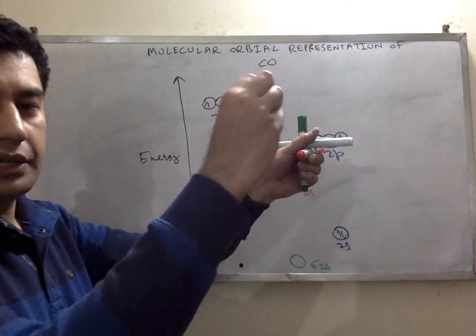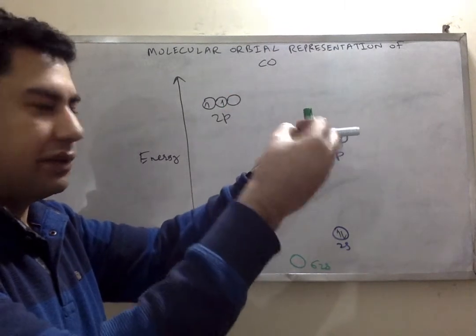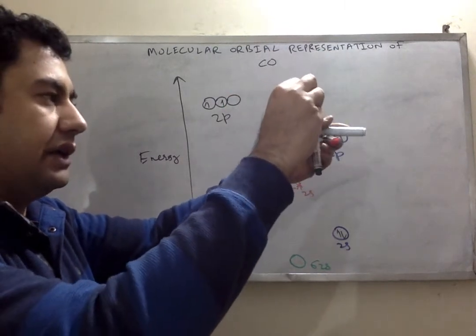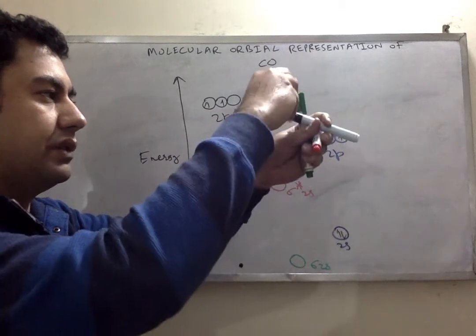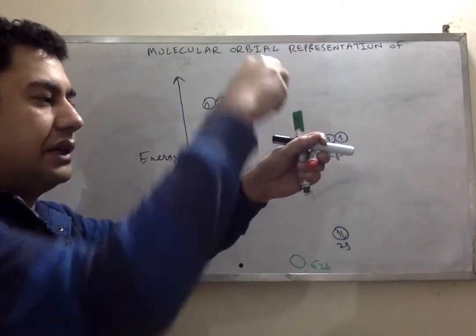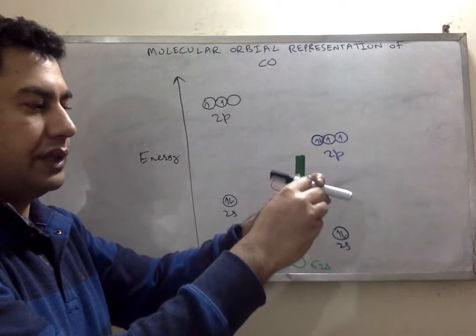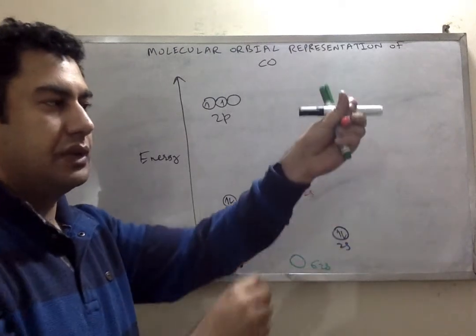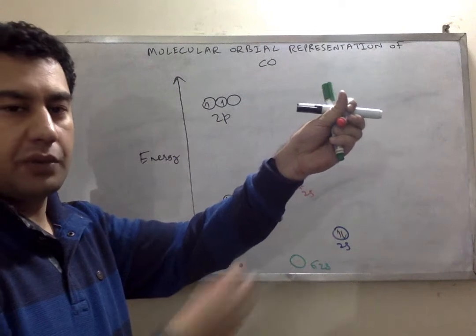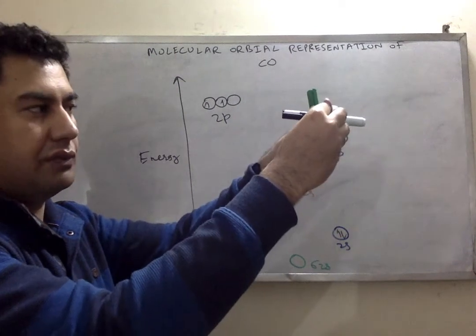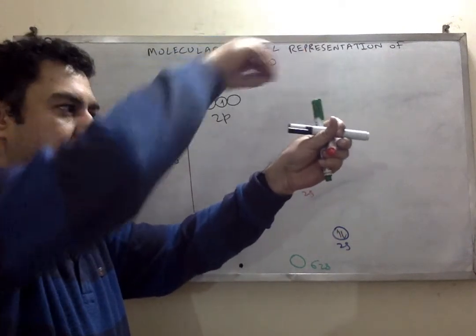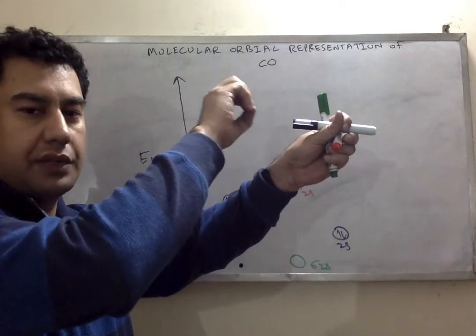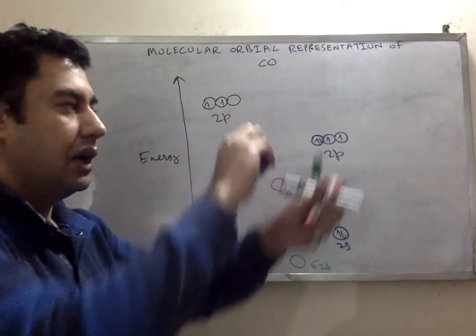Now the 2s orbital is spherical, and this spherical orbital can interact only with one of these orbitals. It cannot interact with all the three simultaneously. If this is the perpendicular set of orbitals, either you can have interaction with this, or with this, or with this, of this particular spherical 2s orbital.